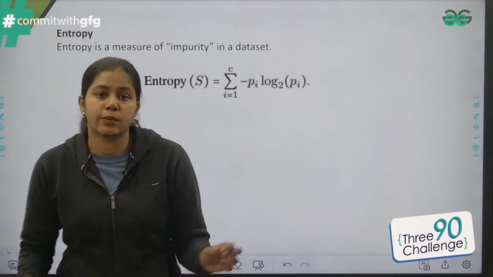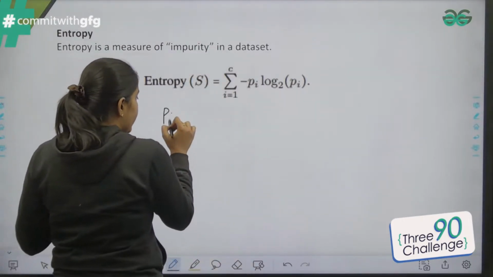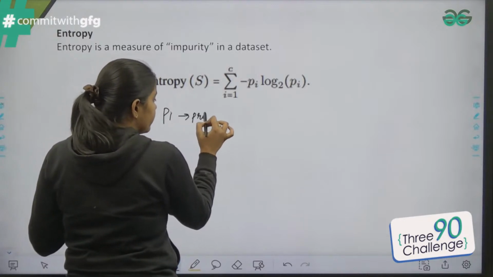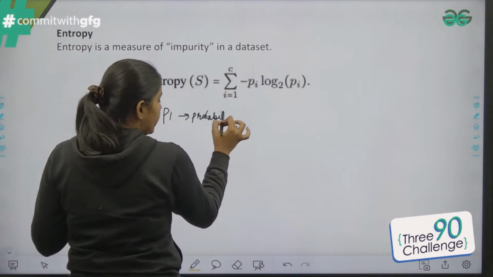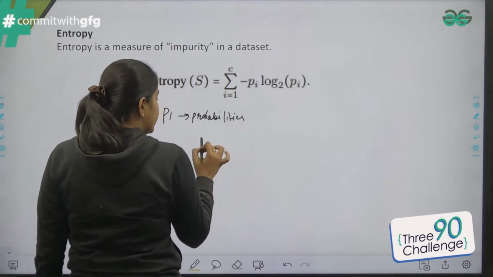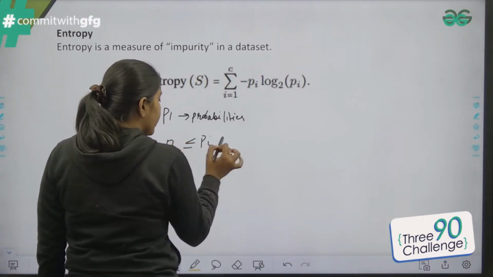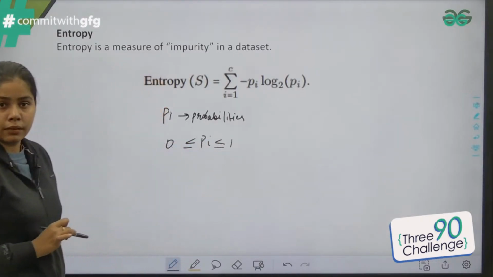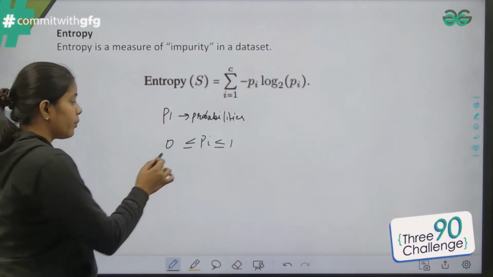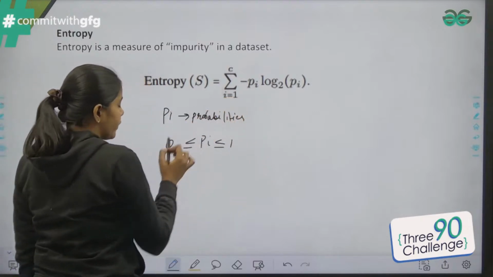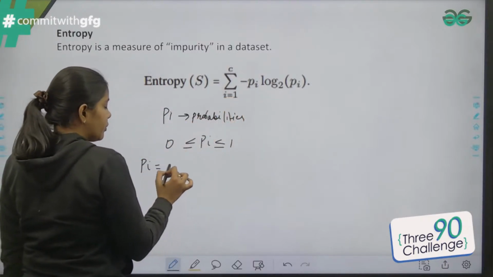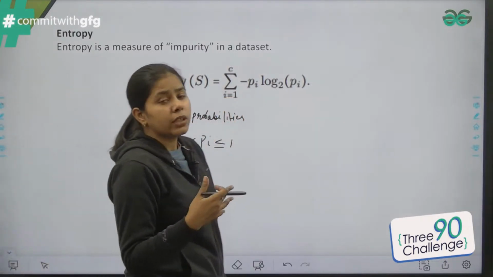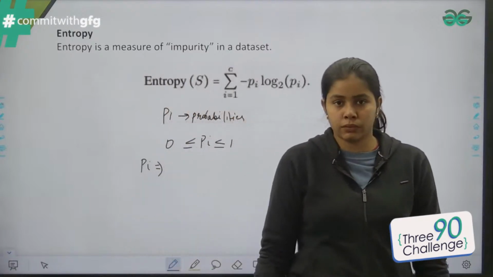Achha, these Pis, what are these Pis? Pis are probabilities. That means these Pis lie between 0 and 1, right? So if Pi is 0, then what would this value be? If all the Pis are 0. And what does it mean that Pi is 0?